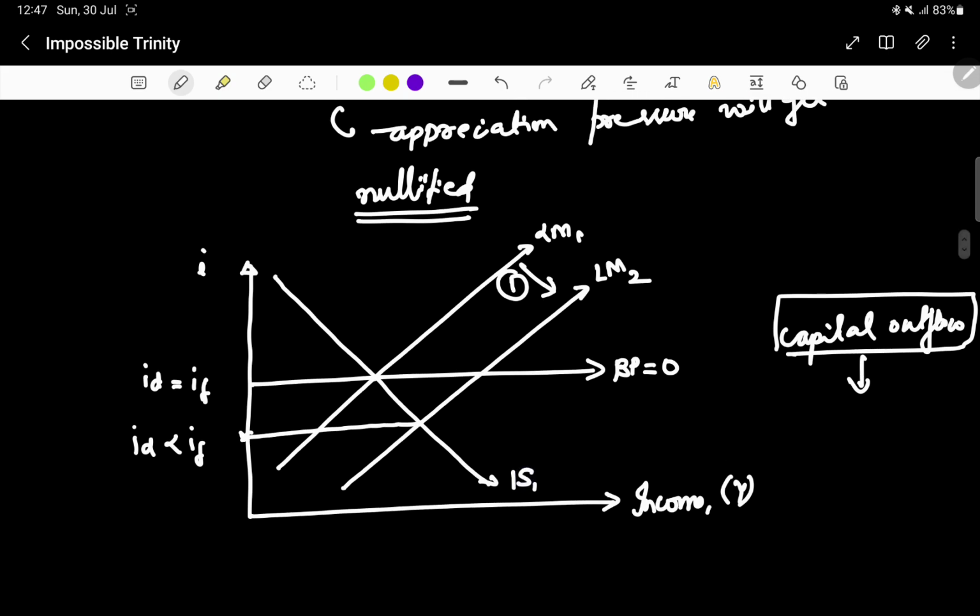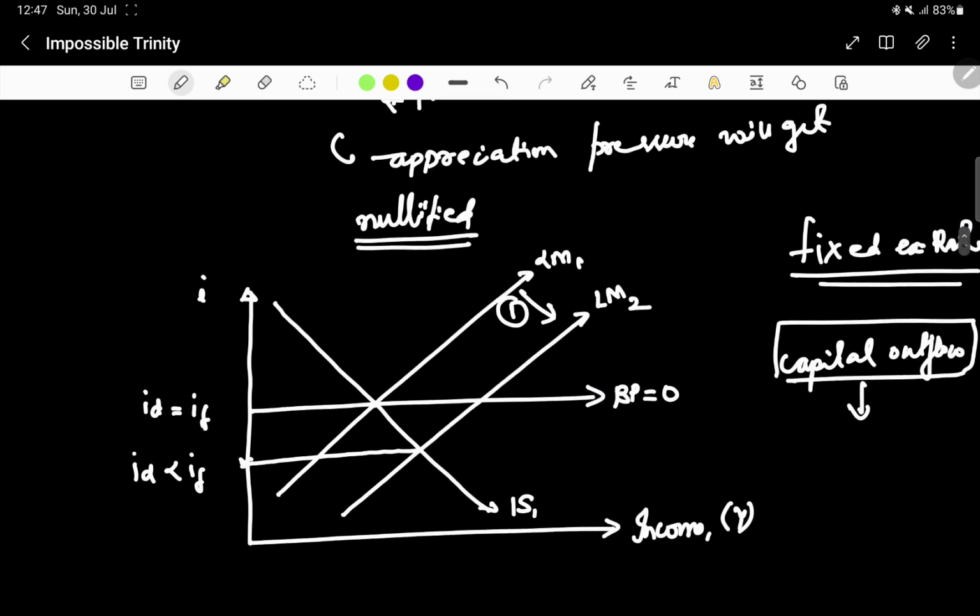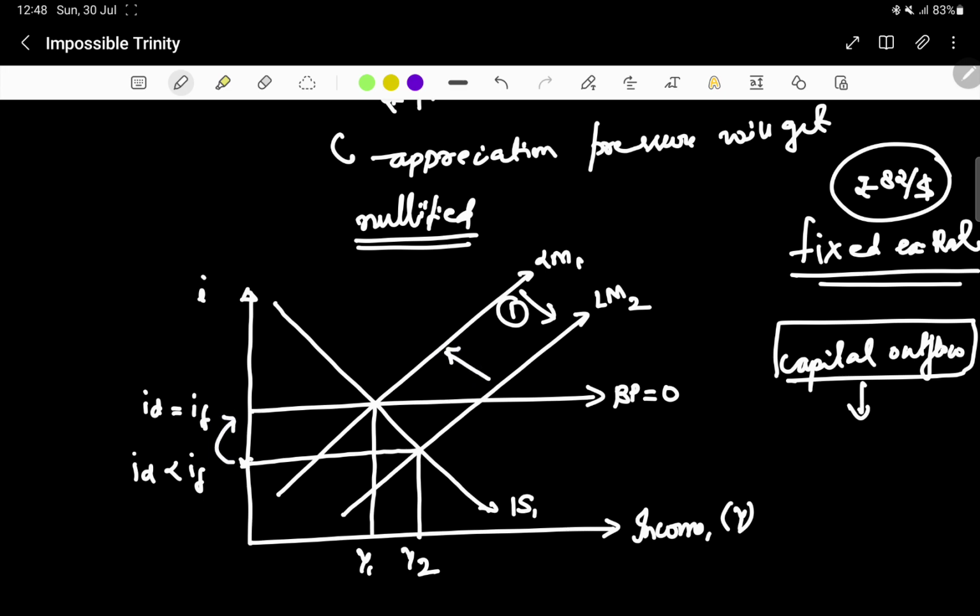But since we have assumed a fixed exchange rate, we are bound to protect our exchange rate at 82 rupees a dollar. So what does the RBI have to do now? Though your output increased from Y1 to Y2, the RBI again has to buy back the currency so that our interest rates get back to the world interest rates, and we are able to maintain the fixed exchange rate structure.